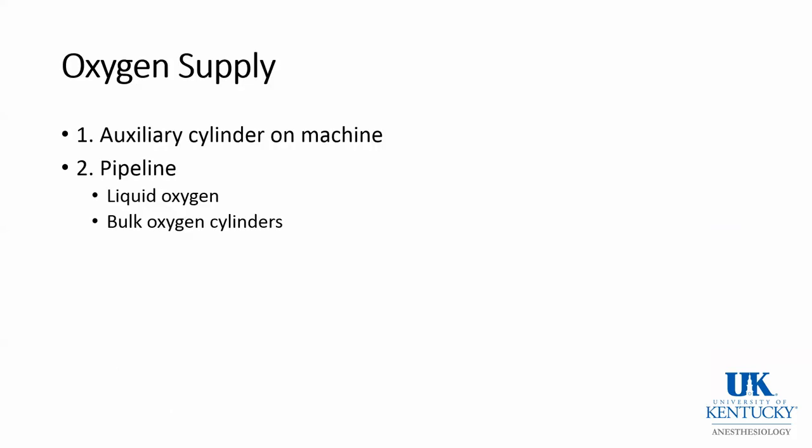Now, let's move on to oxygen supply. There's an auxiliary cylinder on the anesthesia machine, and there's pipeline. Oxygen may be stored in liquid form or in bulk large cylinders on the facility.